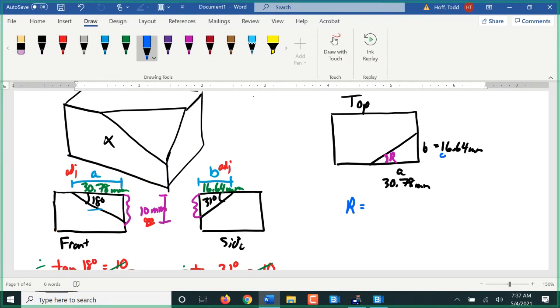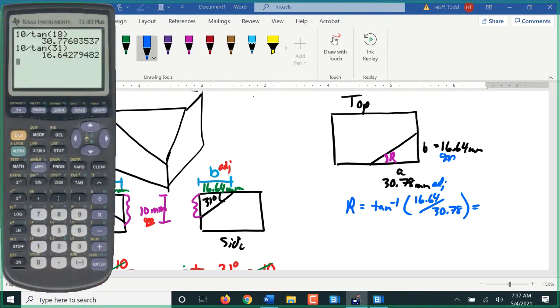So we can find that angle of rotation, because what we have here is the opposite side and the adjacent side again. But since we're looking for the angle, it's an inverse tangent of our opposite side of 16.64 over our adjacent side of 30.78. Inverse tangent, second tangent, 16.64 divided by 30.78 gives us 28.396, 28.40 degrees, we'll call it.